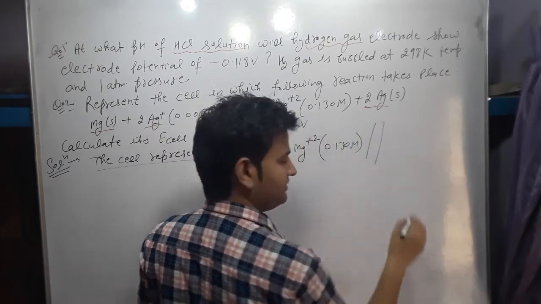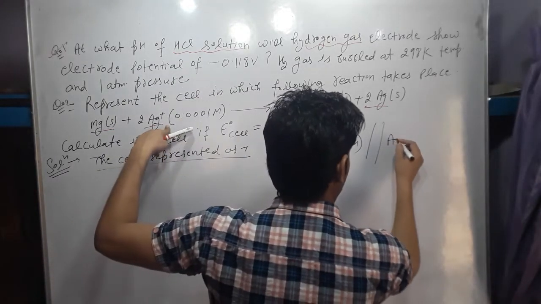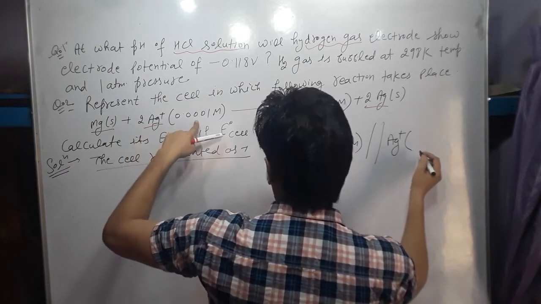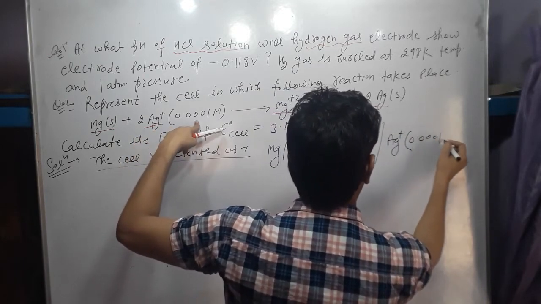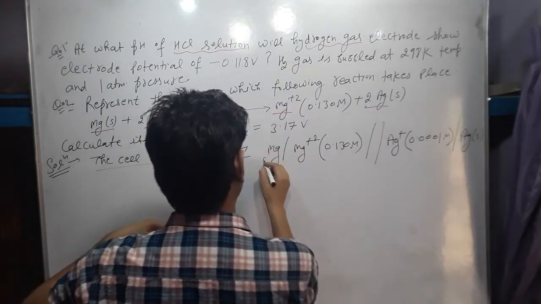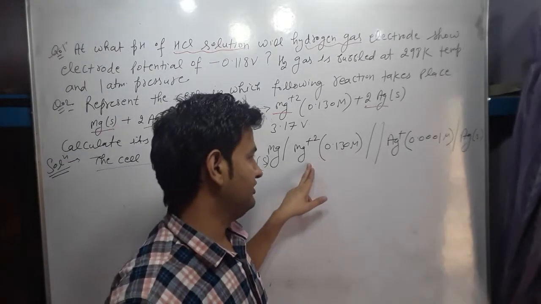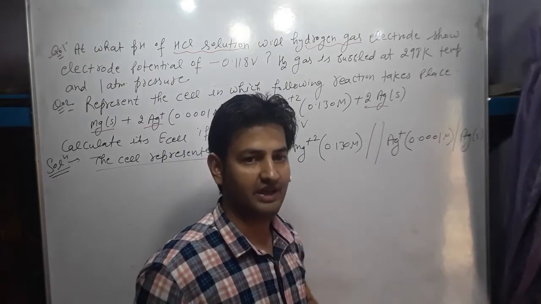Now the salt bridge is represented, and next is silver ion, Ag plus, with concentration 0.001 molar, into silver, which is solid. So we can represent the cell as Mg, Mg2 plus, salt bridge, Ag plus, Ag.